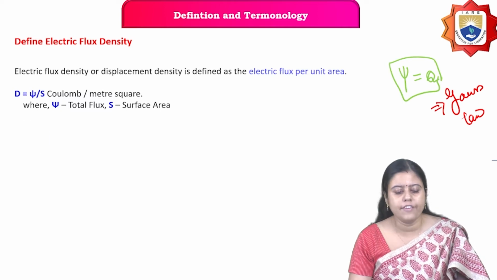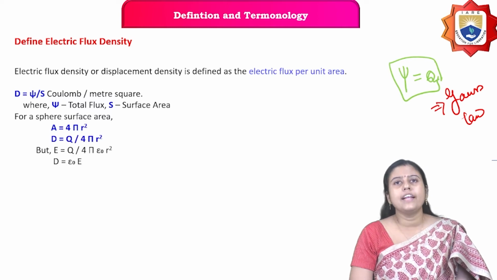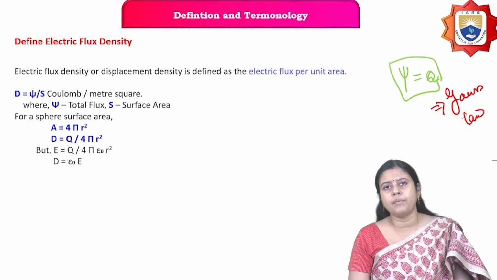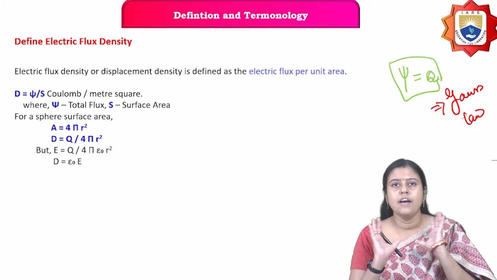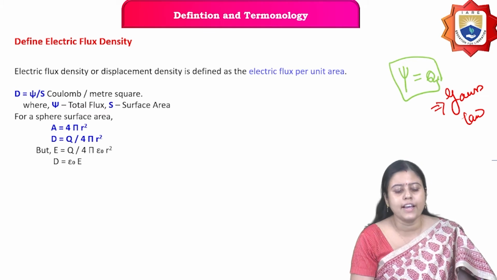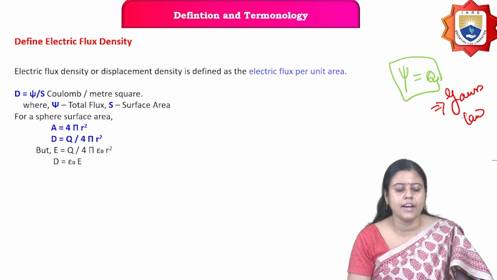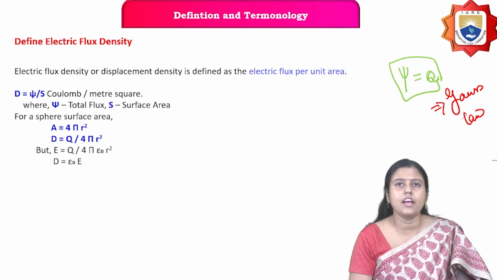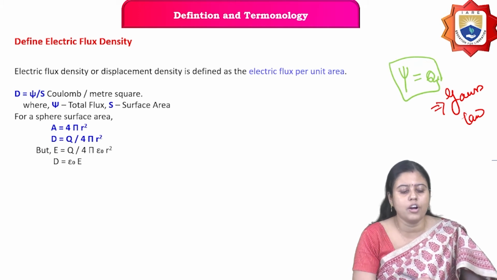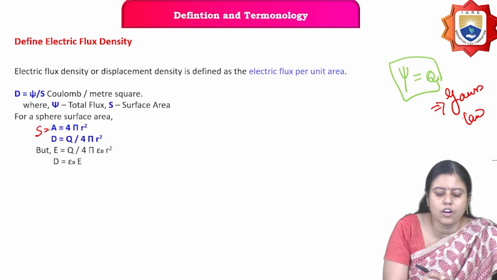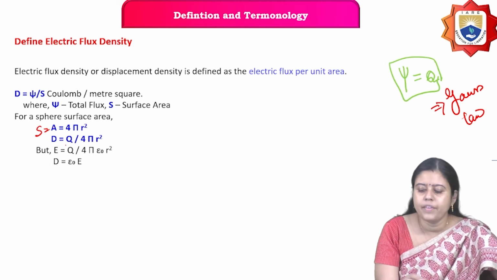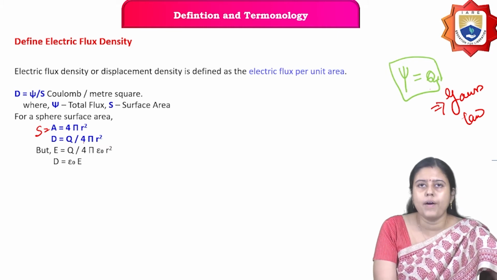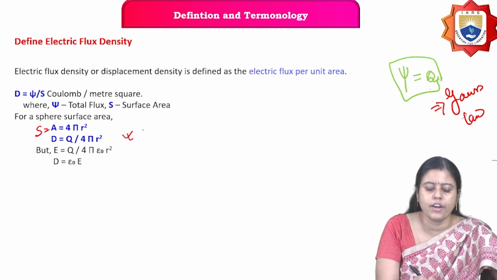Generally, as our Mother Earth or our environment is a sphere, we generally take the surface area as a sphere. So what is the surface area of a sphere? S is equal to 4 pi r square. So what is D? According to the Gauss law, psi is equal to Q, so D is Q by 4 pi r square.